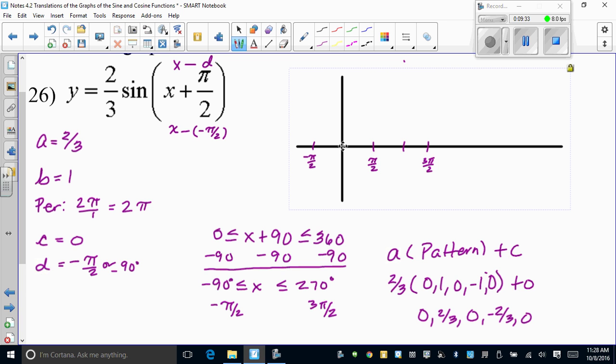So 2/3, 1, 2, 3. There's 1. And 1, 2, 3. There's negative 1. Sine starts at 0, so we're at 0. And then we're going to go to positive 2/3, back to 0, down to negative 2/3, and back to 0. And we try our best to make a nice smooth curve through our points.